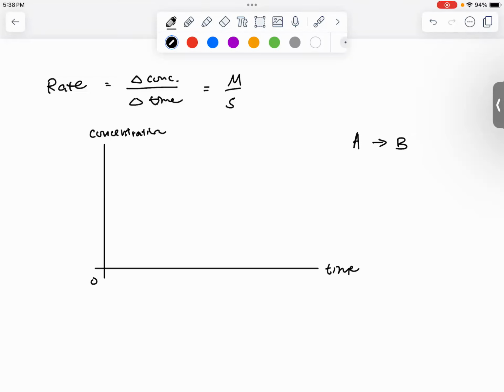Could you sketch a reasonable graph for the concentration of these two entities? Something reasonable. So A and B are both on the graph, and A becomes B. Think of it like a decomposition reaction of some sort.